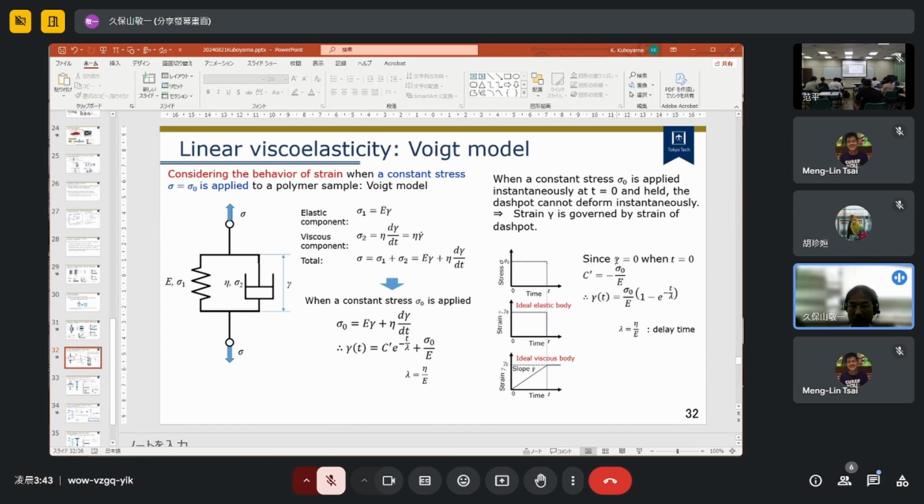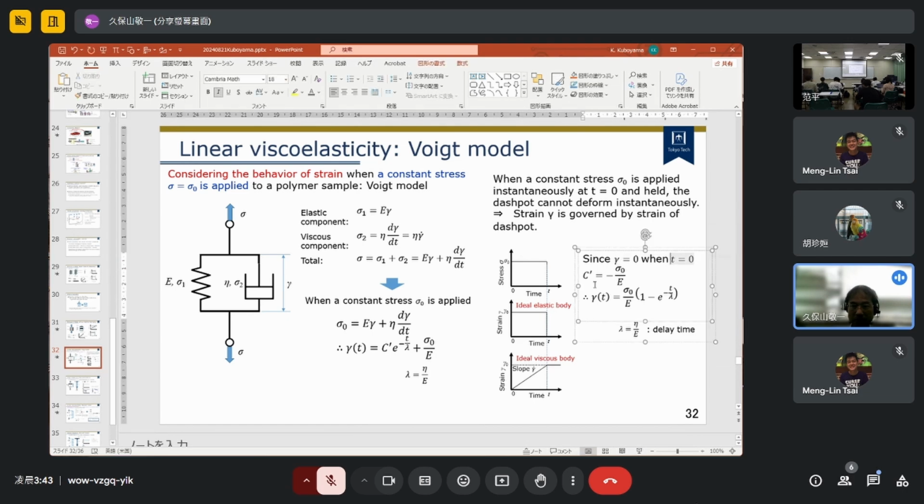So when the time equals 0, the strain is decided by the behavior of the dashpot. So gamma is equal to 0.